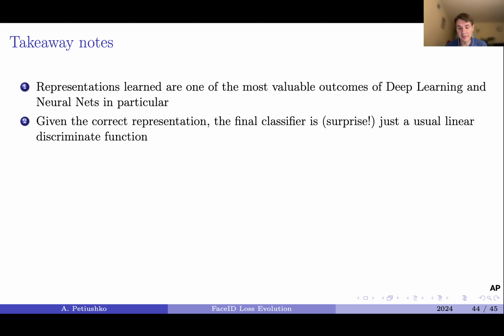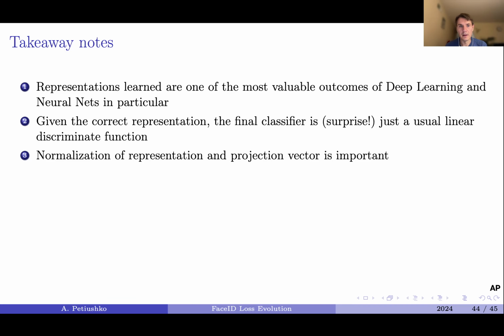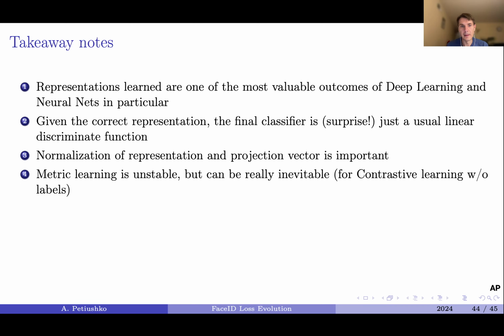But in order to use it, we need to provide representations that can be separable. And this is the overall task of representation learning. And normalization of both the representation and the projection vector that maps the representation to logits is important. So we need to normalize.